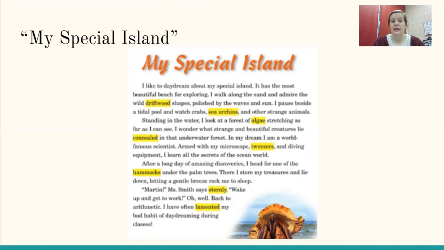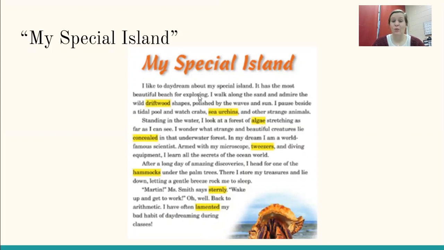Let's pause. So I don't really know what that word driftwood means, but it has the word wood in it, right? And then if I look around it, it says wild driftwood. That tells me it's probably not really pretty like cut wood. It's probably just in the wild. It says shapes polished by the waves and sun.